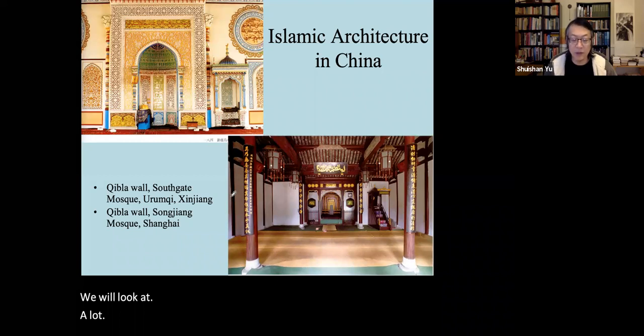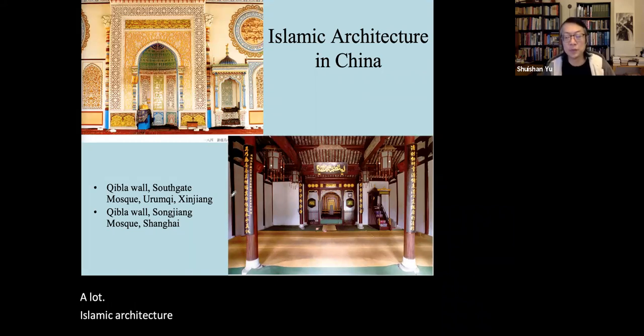Well, Islamic architecture adopts local tradition, but there are some key elements that differentiate a mosque from other religious buildings.